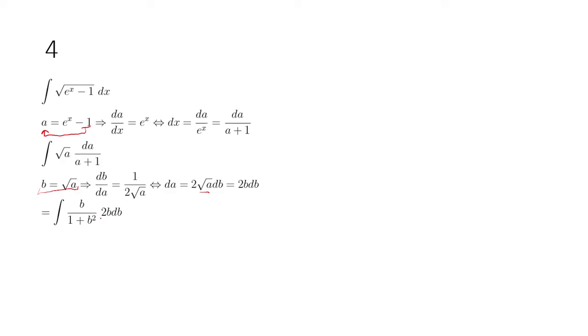Now we can factor this 2 out as it's a constant, and we can multiply this b with the other b, such that we would find 2 times the integral of b squared over b squared plus 1. Now notice we have two b squareds here. So how do we separate these two terms to make it a lot easier to calculate?